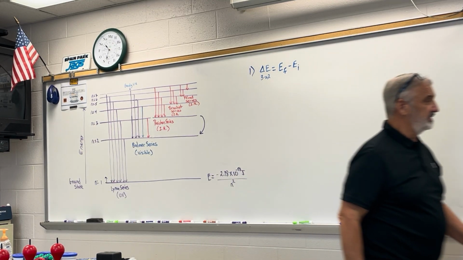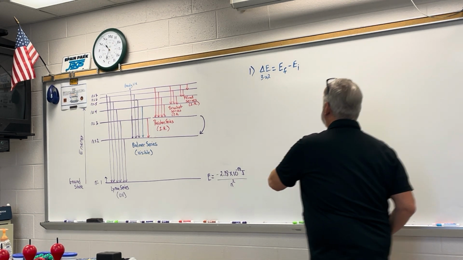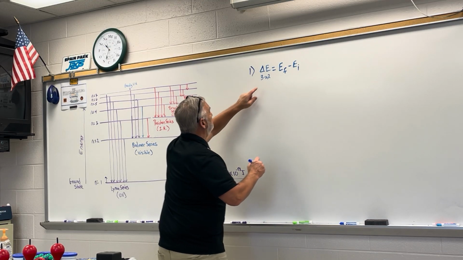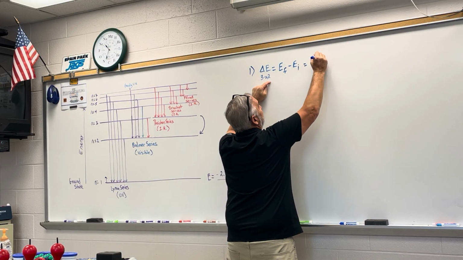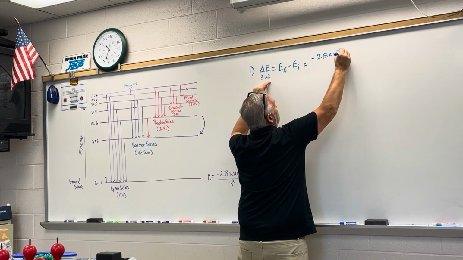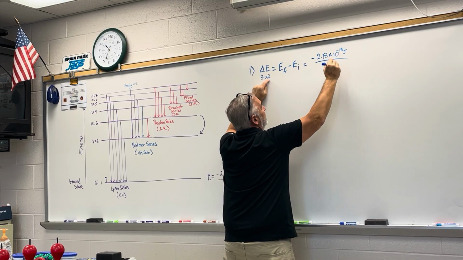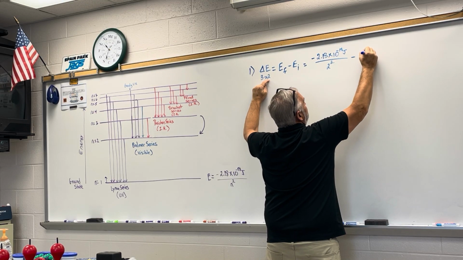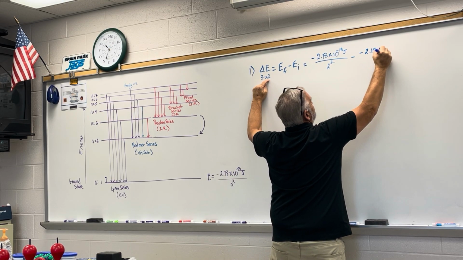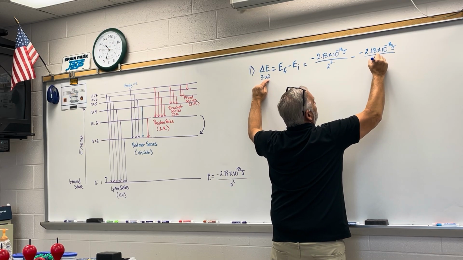Let's get fun. So it's always going to be final minus initial. So if I'm going from 3 to 2, I'm going to say negative 2.18 times 10 to the minus 18th joules divided by the final, which is going to be 2 squared, minus negative 2.18 times 10 to the minus 18th joules divided by 3 squared.